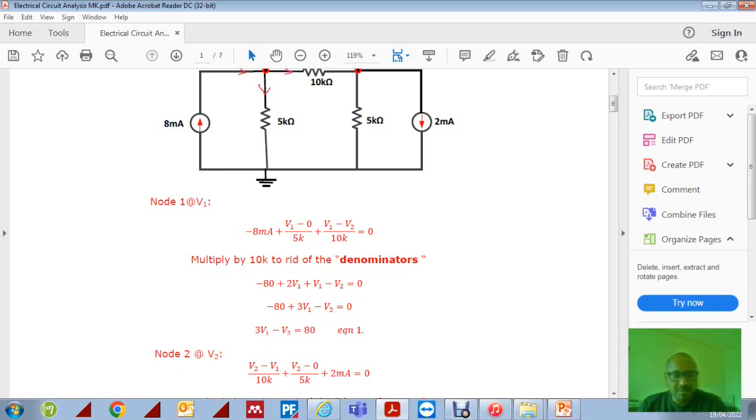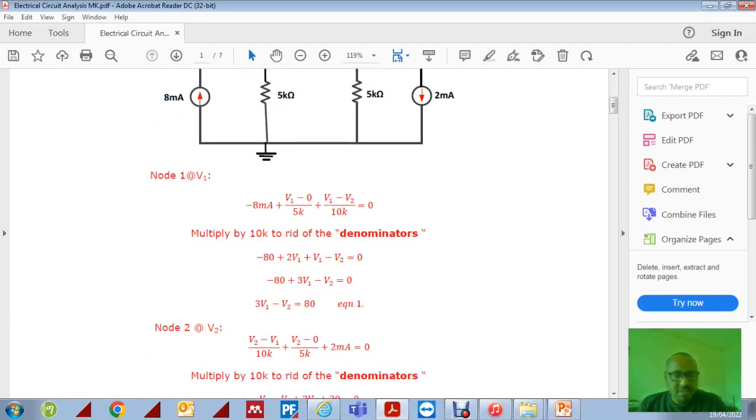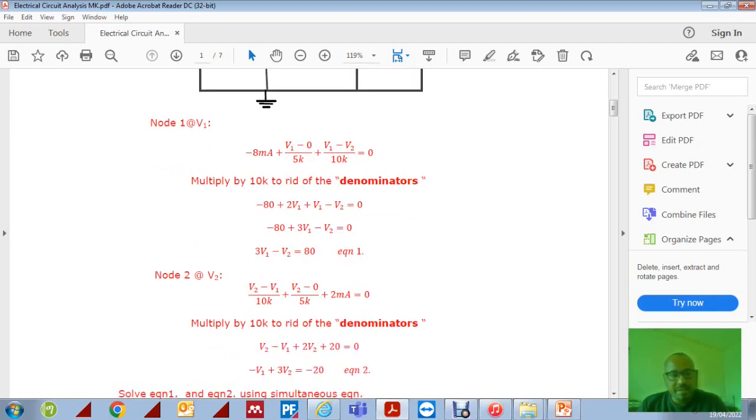So the equation will be minus 80 plus 2V1 plus V1 is 3V1, and minus V2 is equal to 0. If we rearrange this, 3V1 minus V2 will be equal to 80. So we can say this is equation 1.